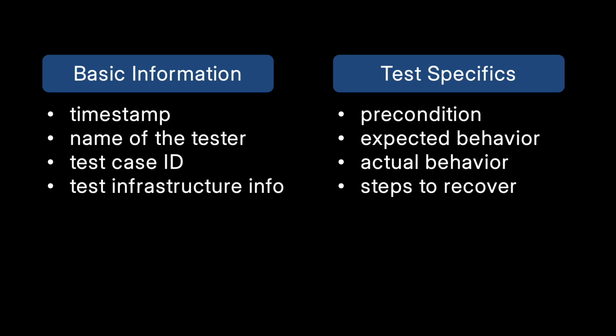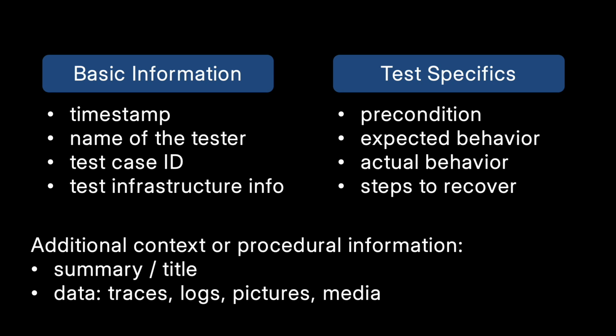And if possible, also the steps to resolve the issue, which might be important to create statements about the severity of the problem. And then there is additional context information or procedural information like a summary or a title, and any data collected about the test like traces, logs, pictures, etc.